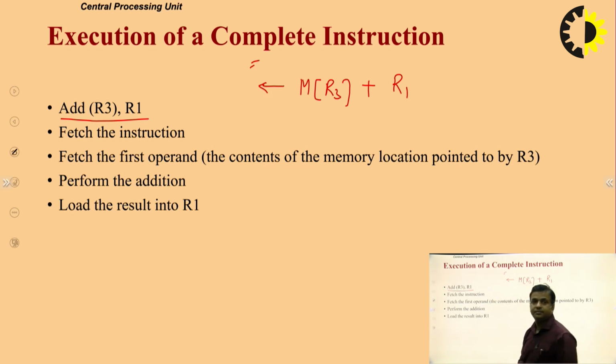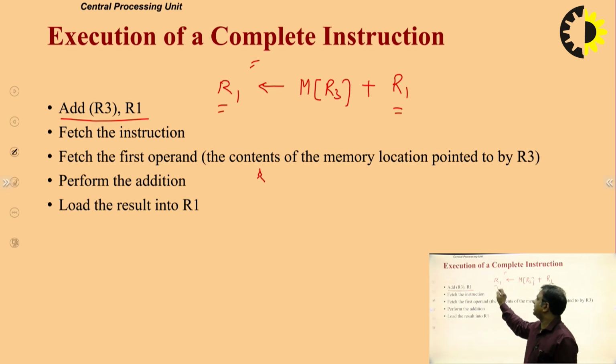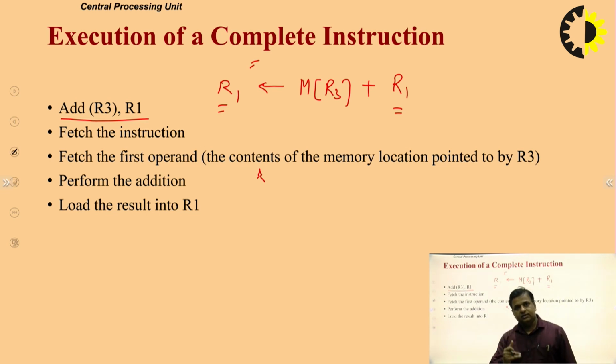The result is stored in R1, right? It should be clear what the instruction means, because if we are not clear about the instruction, we cannot write the set of micro instructions for it.